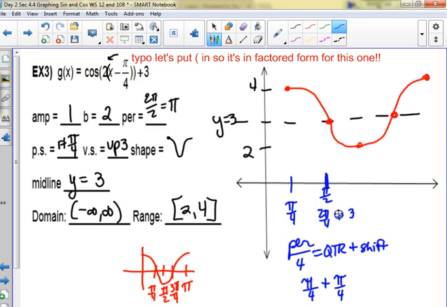If we add another one, we get 3 pi over 4, which is this one. If we add another one, we get 4 pi over 4, which is pi. And we add another one, we get 5 pi over 4. Does that make sense, guys, that if we started at 1/4, we'd end at 1 1/4 if it has a period of pi? All right.